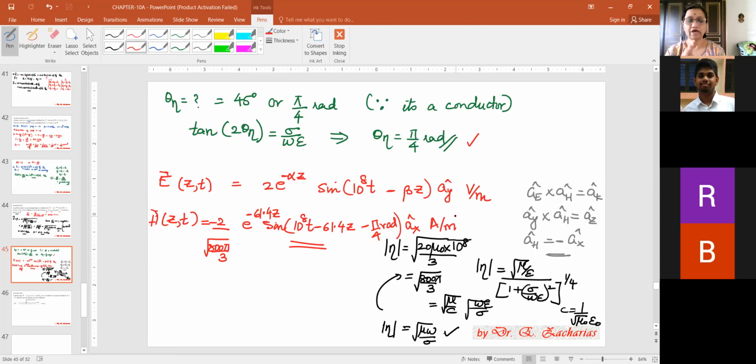That's all. And you also know that 1 by under root of mu naught epsilon naught is u, which is equal to c. Similarly, you also know that modulus of eta is going to be under root of mu naught by epsilon naught. Therefore, it is 120 pi. So it's quite a simple case. That's the reason why, instead of doing that, I thought we could do one extra problem.